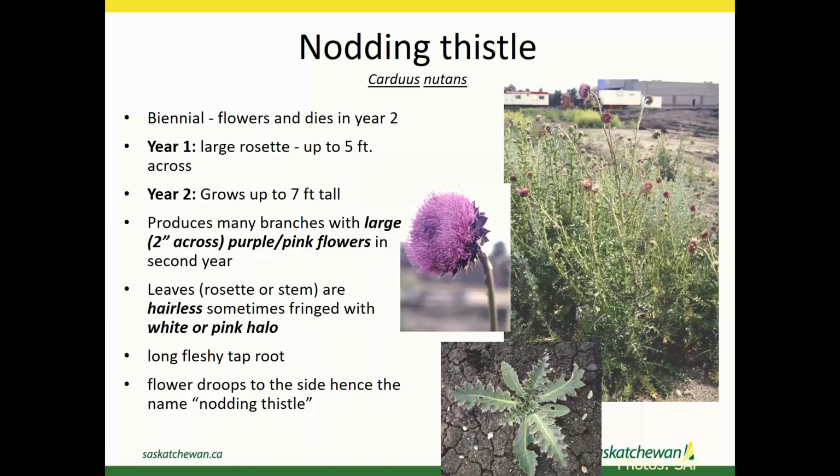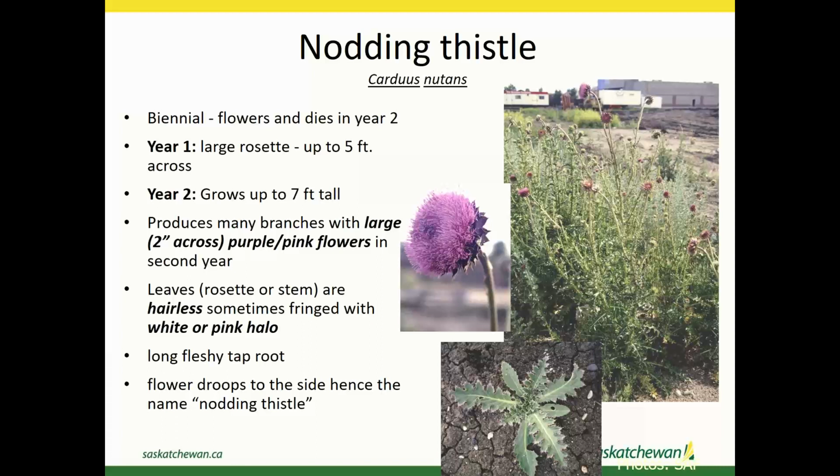It grows as a rosette the first year and then flowers and dies in year 2. It also can have a really large rosette, up to 5 feet across, but the difference between that rosette and the bull thistle rosette is that on the nodding thistle rosette, the leaf surface has next to no hair or no hair at all.